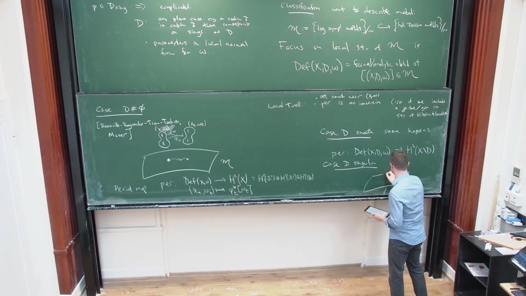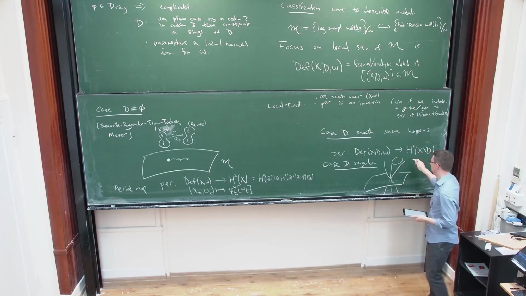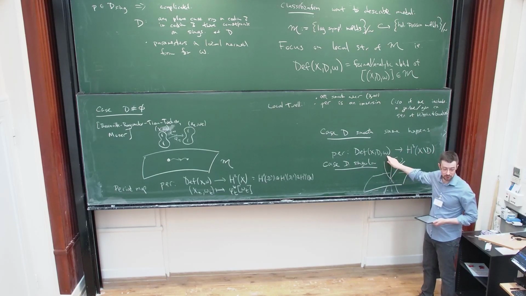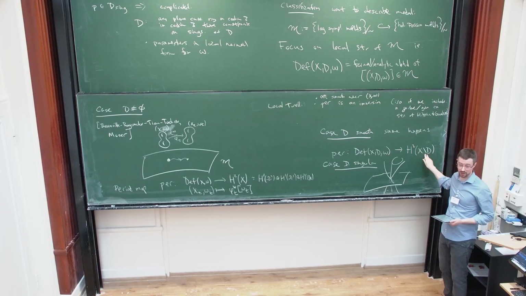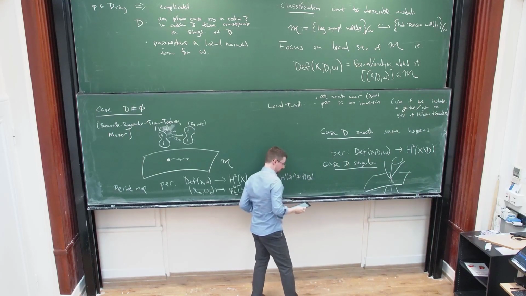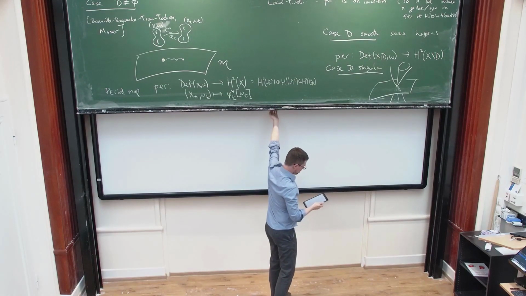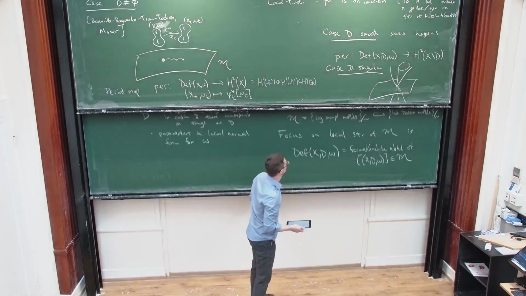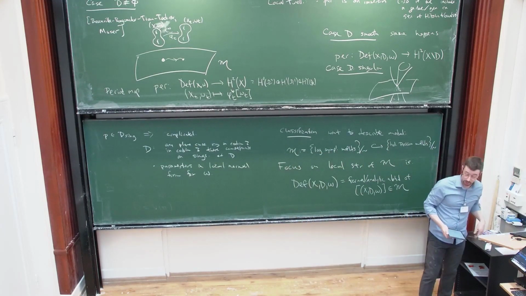The basic reason is that there are going to be deformations of x, D, and omega where, for instance, the singularities of D change, and therefore the topology of the complement changes, and so H2 isn't constant anymore. So what we did in our paper is to explain what happens under the assumption that D is a normal crossings divisor.